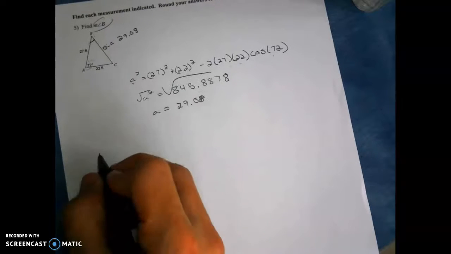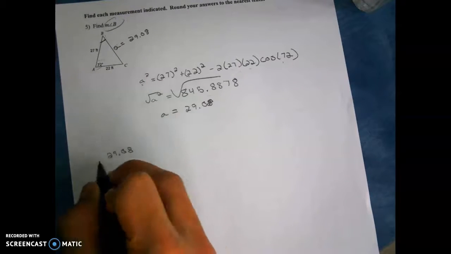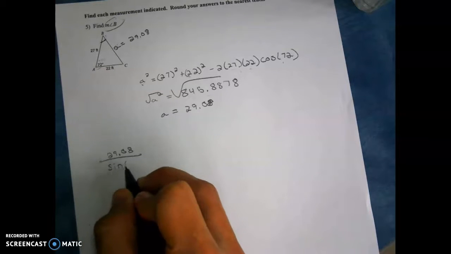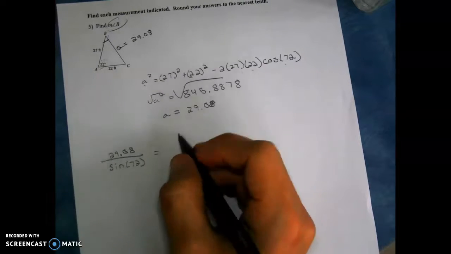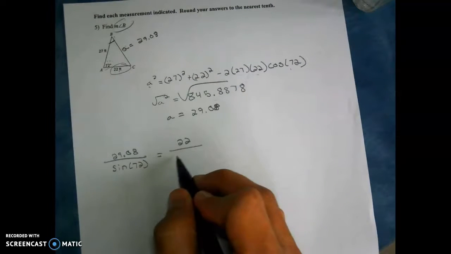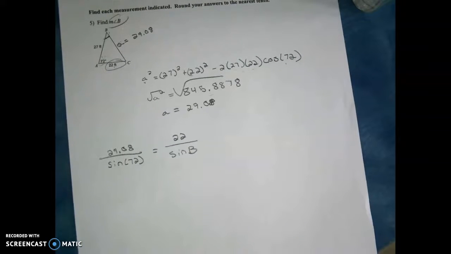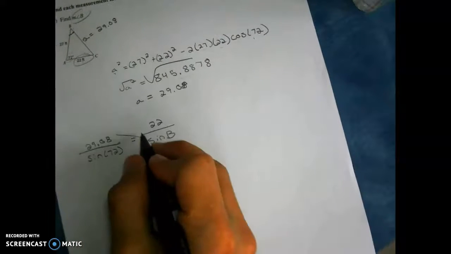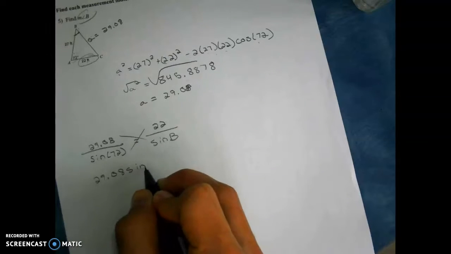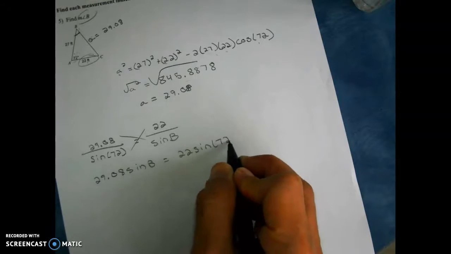So now I can set up law of sines. I'm going to have 29.08 over the sine of 72 is equal to 22, because this is the side that corresponds, over the sine of B. Now I just need to solve for B. So I'm going to cross multiply. I'm going to get 29.08 times the sine of B is equal to 22 times the sine of 72.